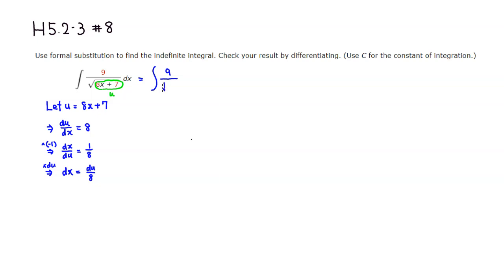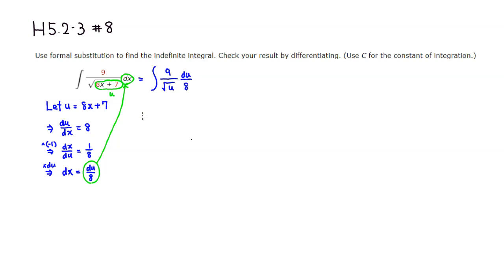And the dx is equivalent to du over 8, as we found out, so we can put it right in here: du over 8.